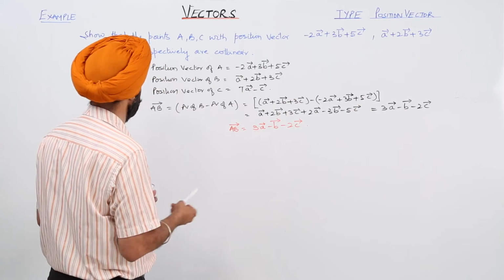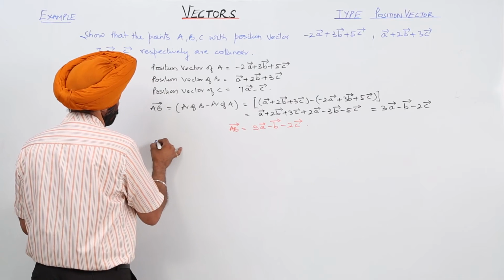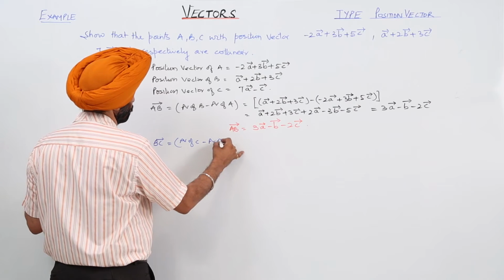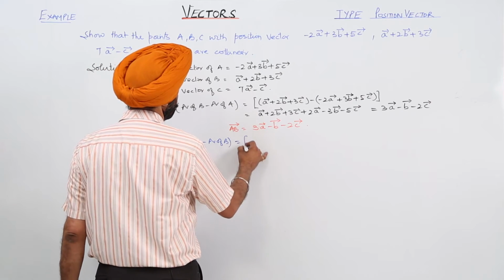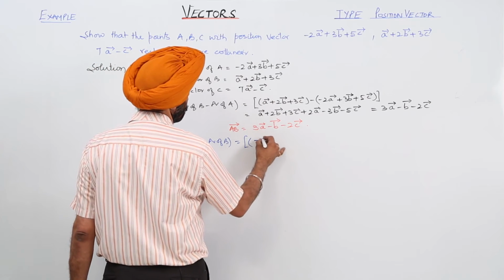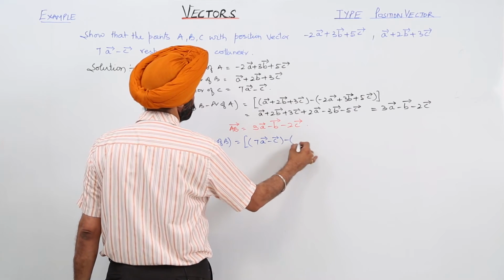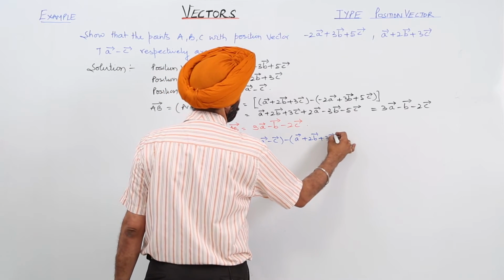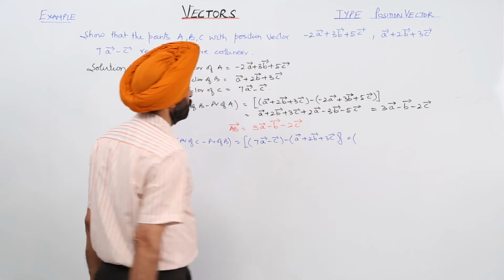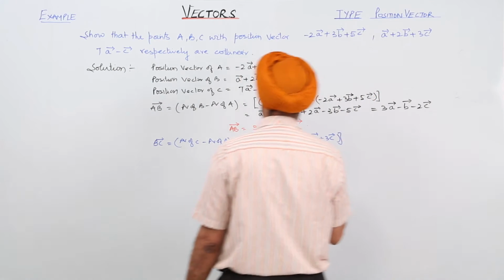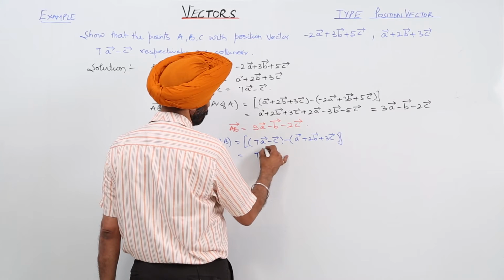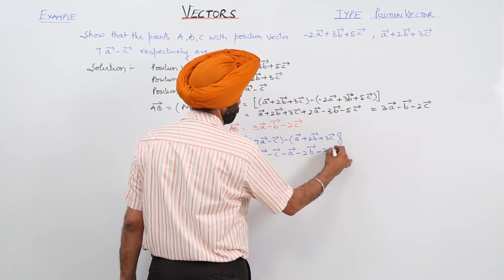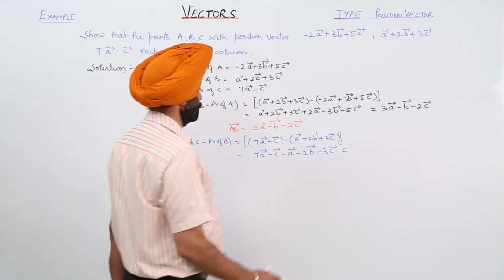Now BC, position vector of C minus position vector of B. So now this will become vector C, position vector of C and position vector of B. Seven A and A, this becomes 6A.